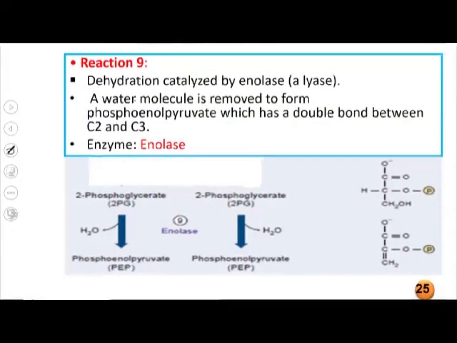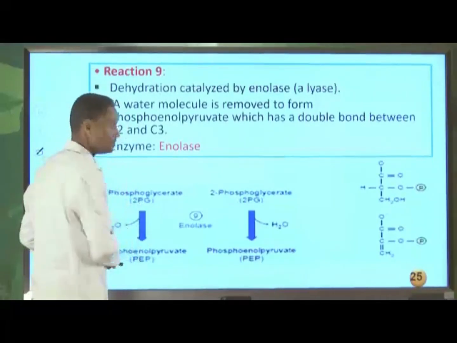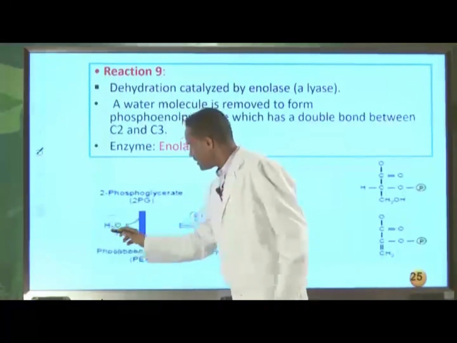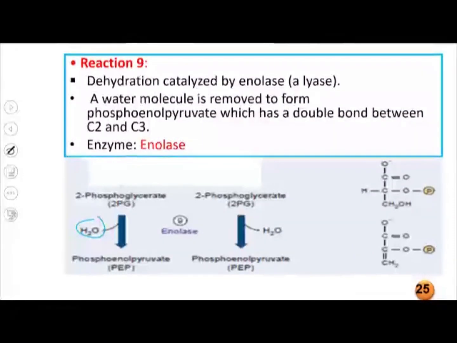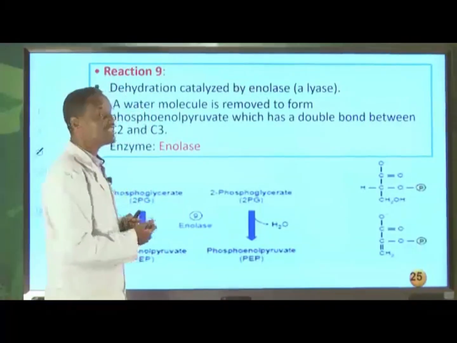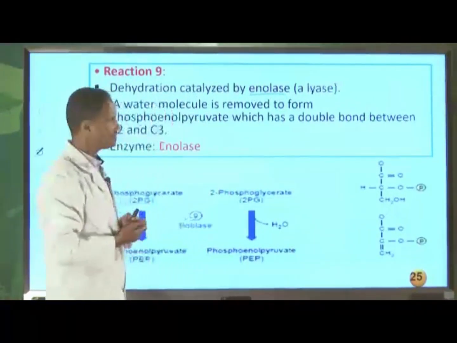Here, reaction 9 is the stage at which dehydration takes place. That means the removal of water from the system. Here, the water molecule is removed when 2-phosphoglycerate is converted into phosphoenolpyruvate. Therefore, in reaction 9, dehydration is catalyzed by the enzyme enolase, or a lyase.